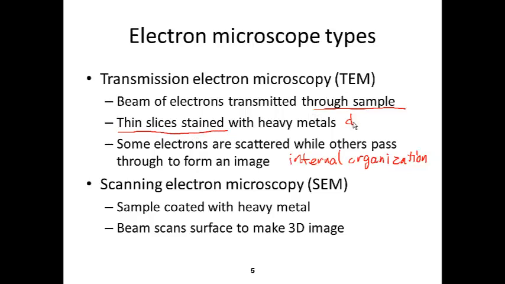You cannot look at living specimens; you can only look at preserved, dead specimens using an electron microscope, based on what you have to do to manipulate them. A scanning electron microscope coats the sample with heavy metal, which results in the beams of electrons bouncing off the surface. This will give us an idea of the external organization and appearance of a sample.